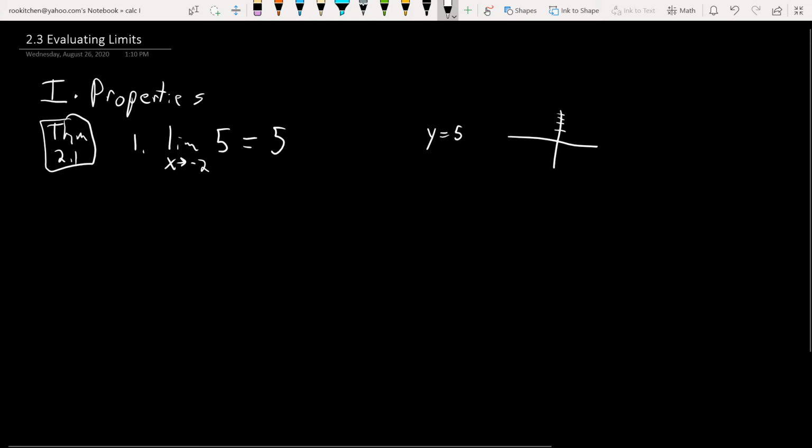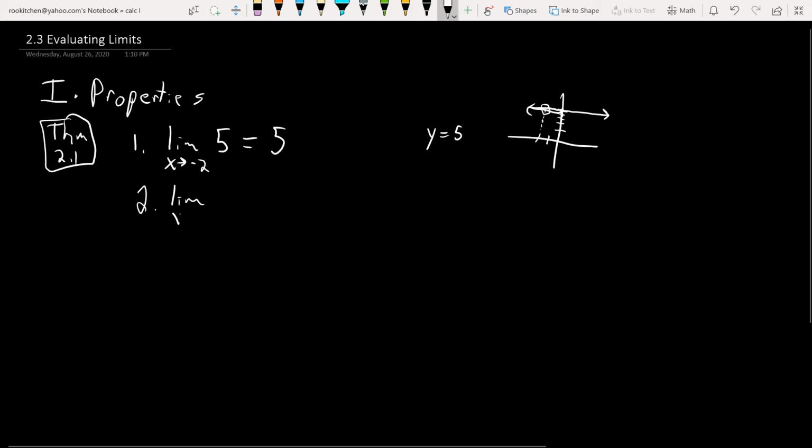For any x value that you choose, the y value is always going to be 5. So it's always going to get really close to the height of that horizontal line. As I approach -2, the corresponding y value is of course 5. So you can always break these limits down into a graphical analysis.